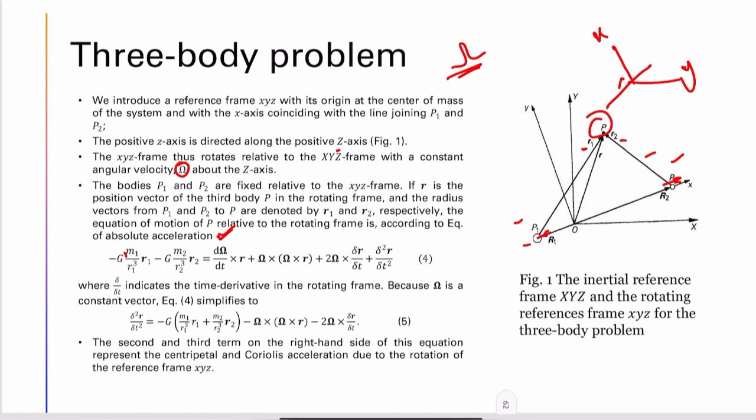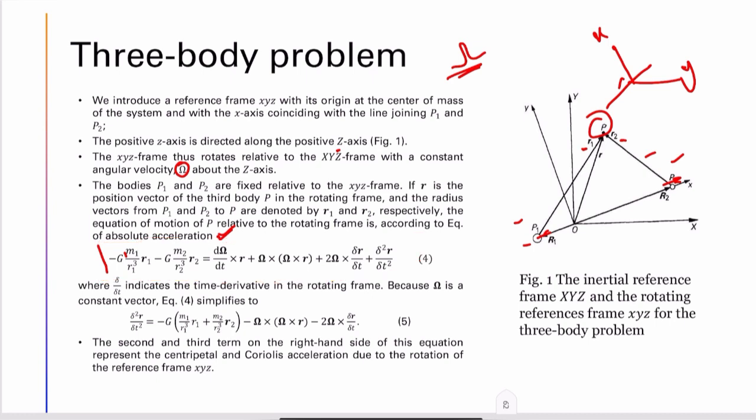When I subtract these two, I get this, and this is equal to the rotation motion: the rate of change of the phase angle, angular velocity cross r, plus omega cross omega cross r, plus 2 omega cross del r by del t, plus del square r by del t square. This is taken from the equation of absolute acceleration.